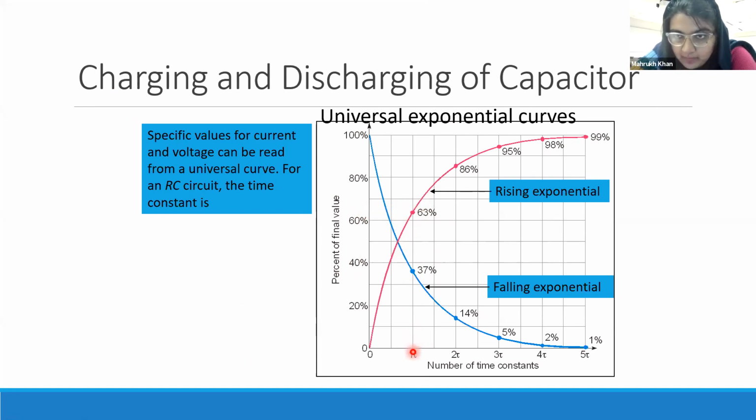At 1 tau. 1 tau is RC, and RC in this circuit is 20 seconds. All right, I got you. So at 20 seconds, you should see 63% of your input voltage across the capacitor. Okay?